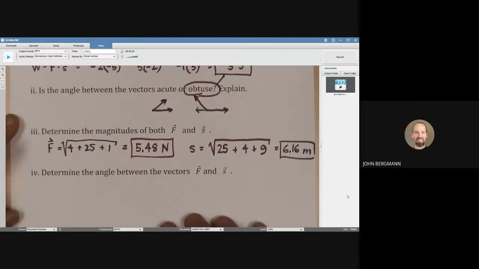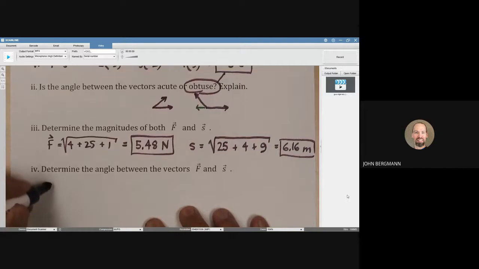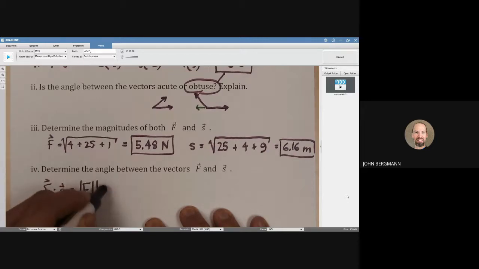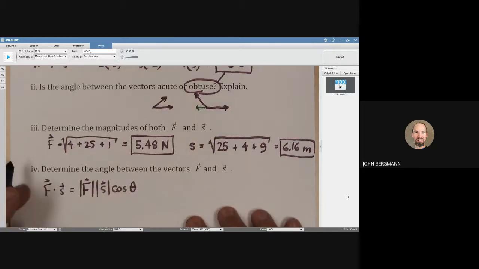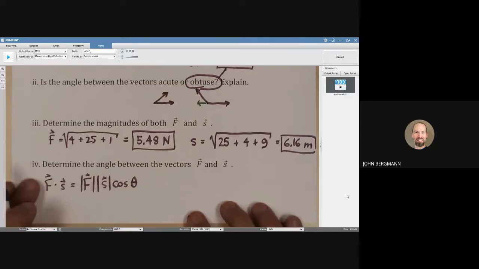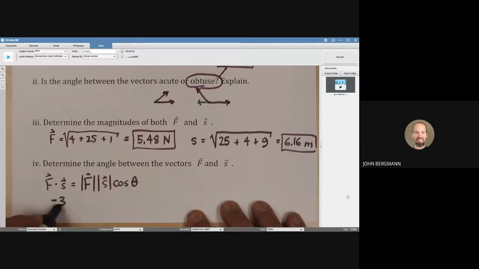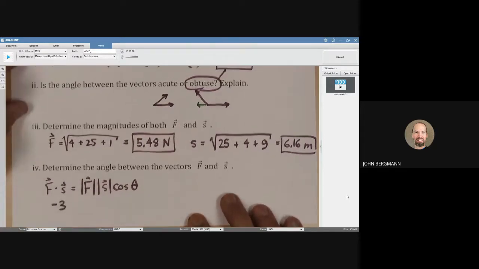Now, what's the angle between these vectors? The dot product is found by taking the magnitude of each of those vectors and then the cosine of theta. We know that the dot product came out to be -3. That was the first thing we decided. Let me scoot up here so you can see it.